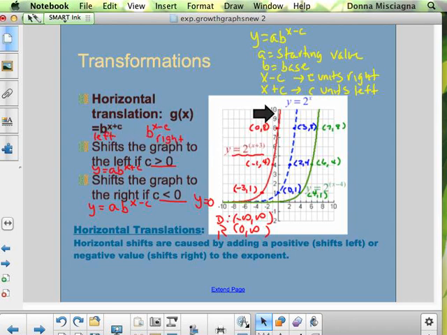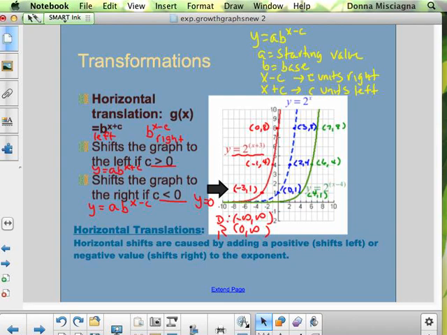The blue graph here is y equals 2 to the x. The red graph is y equals 2 to the x plus 3. Notice that all the points are shifted 3 units to the left. So instead of a point 0, 1, because the starting value is 1, we have a point negative 3, 1.